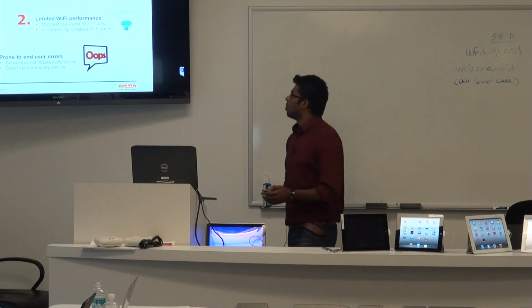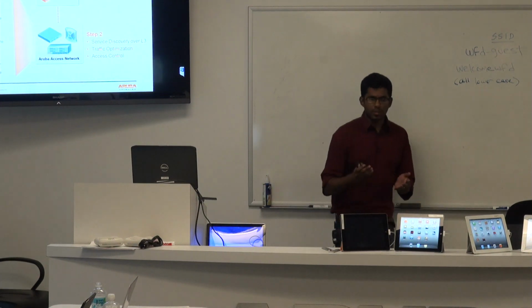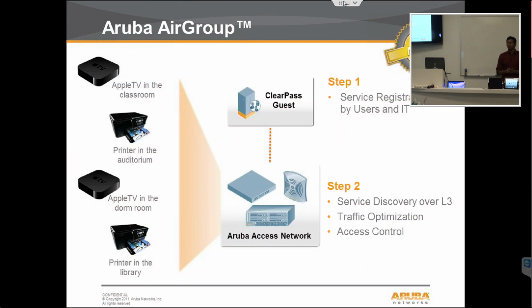So with AirGroup, what we have basically tried to do is a few things. First is to bridge the multiple VLANs, so make mDNS work across VLANs, which is the first step to everything. And the way we do it is by adding mDNS proxy functionality to the controller.